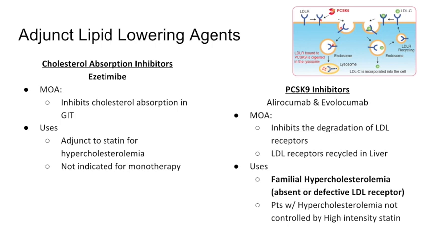We don't really use this as much in addition to a statin, but know that it's there. These are going to be primarily for those with the severe familial dyslipidemias, specifically familial hypercholesterolemia, but it's another drug that we have, another tool in our toolbox to treat some of these patients.